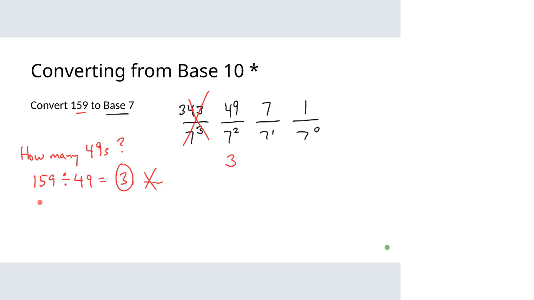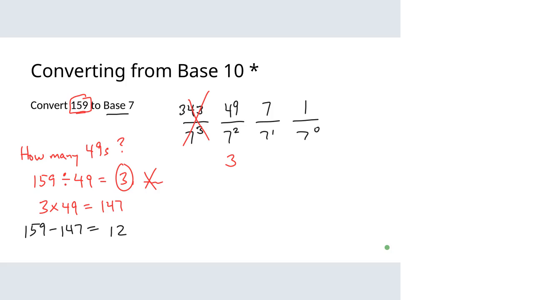And this is going to account for 3 times 49, or 147 of our number. We're trying to build 159. We've got 147 of it already. So we'll do 159 minus 147, and we still have 12 that we need to build.